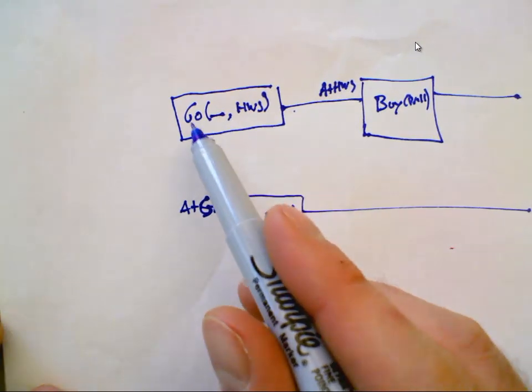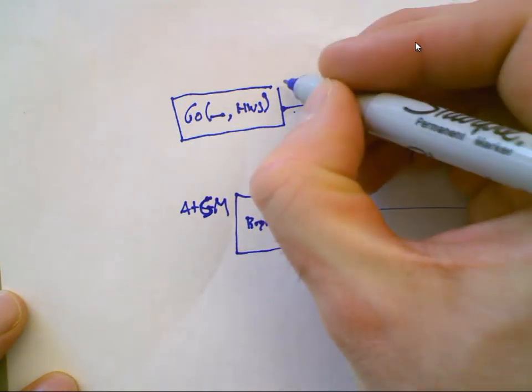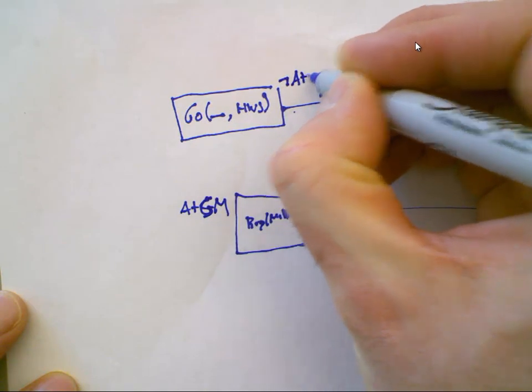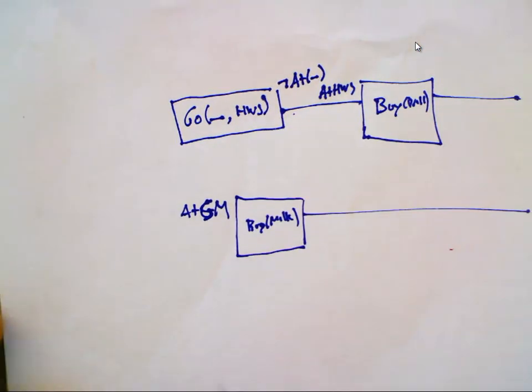I know that going to the hardware store is going to delete being at wherever the place is that I started, but I don't know where that place is yet. So I don't know if that's a threat to buying milk at this point, because I don't know if it's going to delete being at the supermarket.